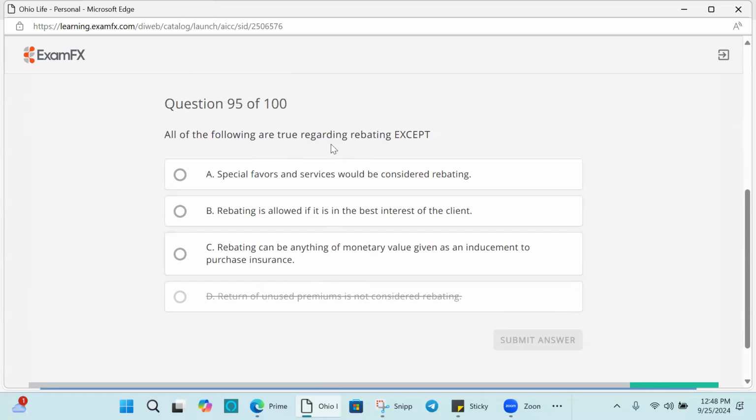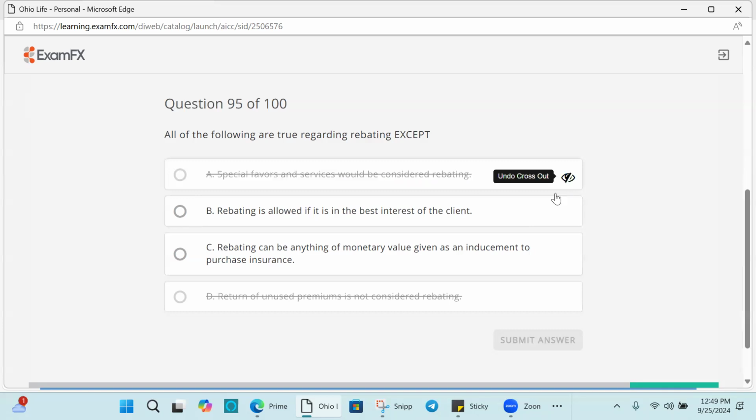If my policy has a policy dividend, is that considered rebating? Rebating is when I'm giving somebody something of value in exchange for them buying a life insurance policy. That's the definition. So the answer in this case is D. Because special favors would be considered rebating.